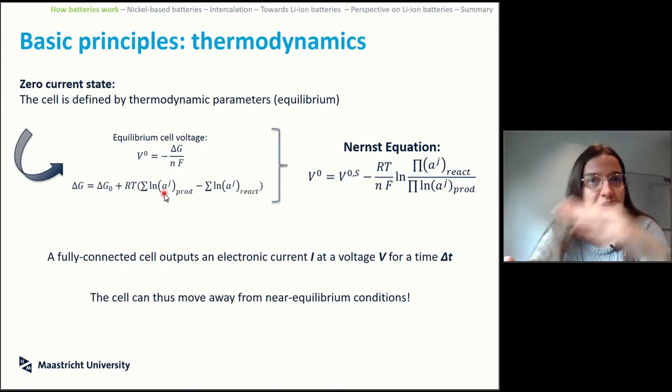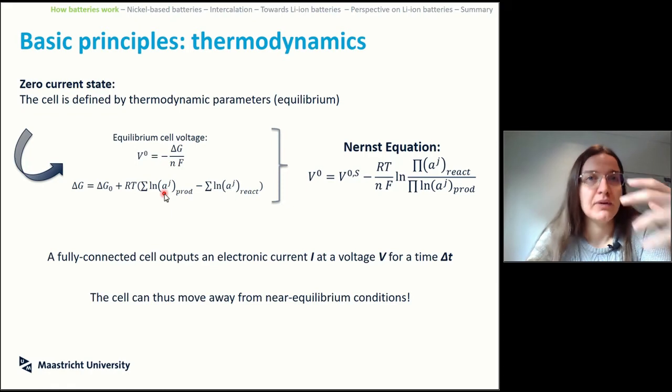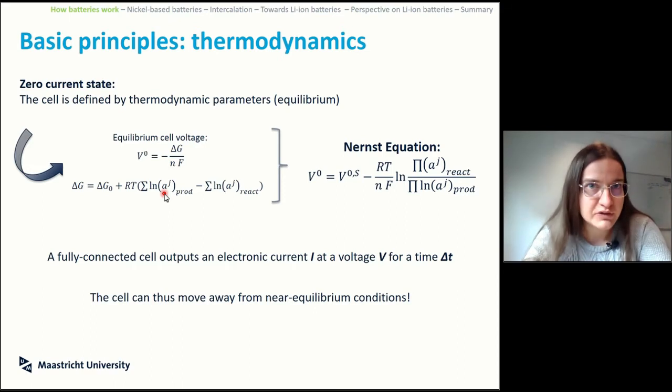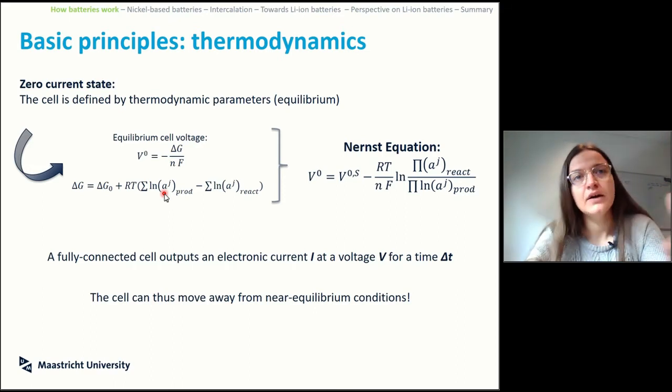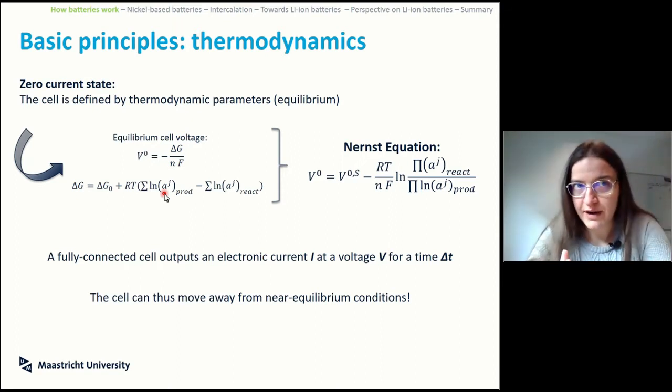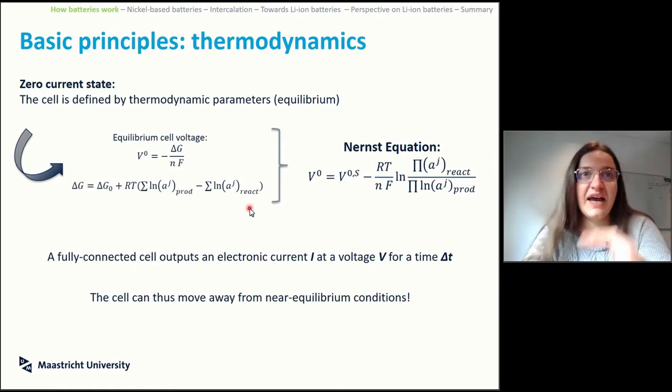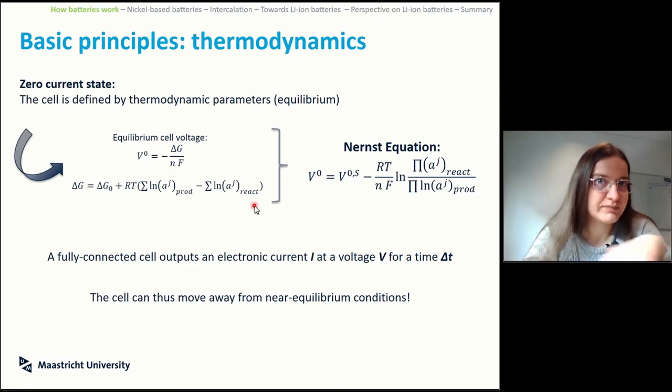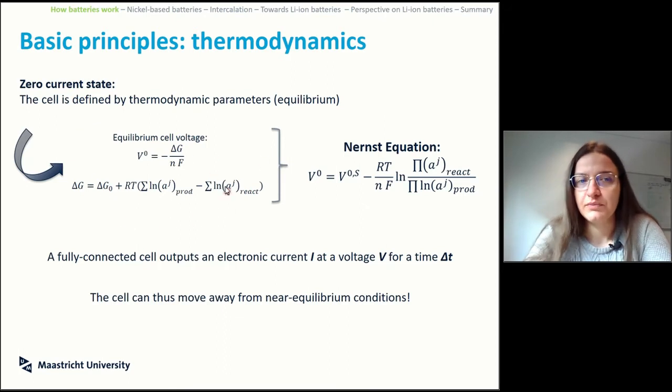Because here you don't have just one component, you have a sequence of components, and all the components, as a function of temperature, are going to give you a certain capability of contributing to the general free energy of the system. So when you bring up the cell in connection and you assume it's close to equilibrium, so very little is changing, the activity of the product and the reactant, depending on how you're calculating your cell, will be plugged into your modification of the free energy.